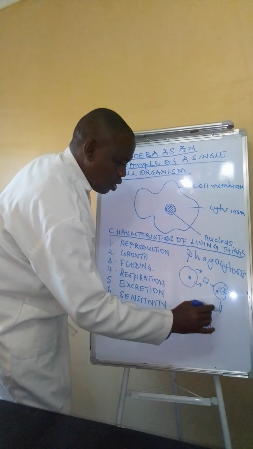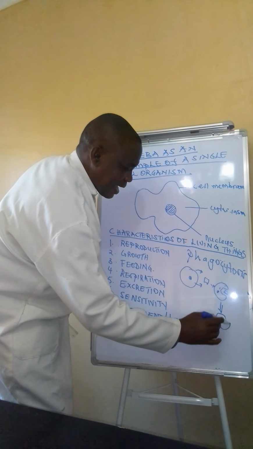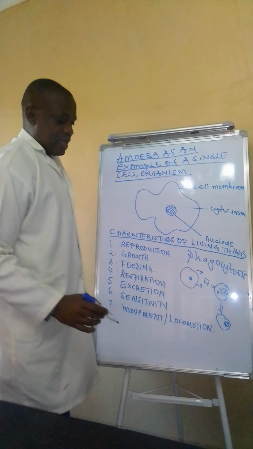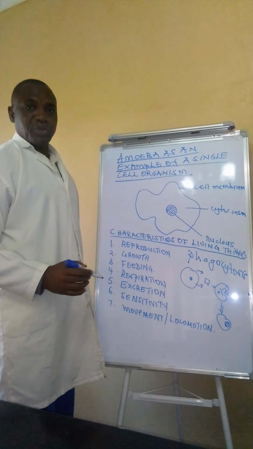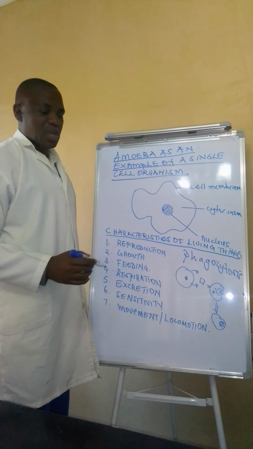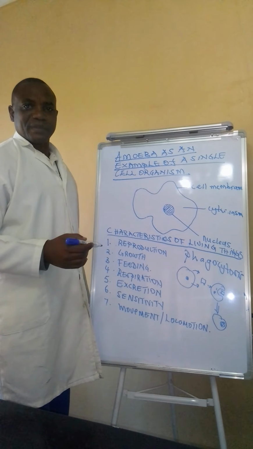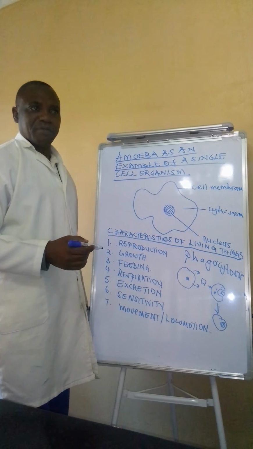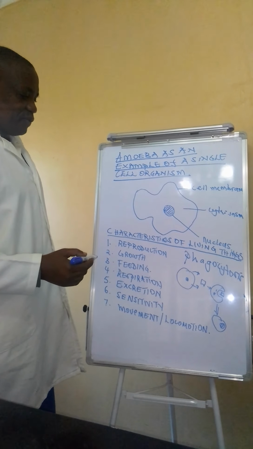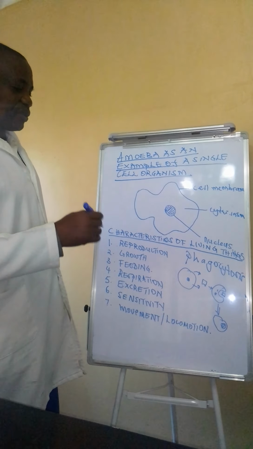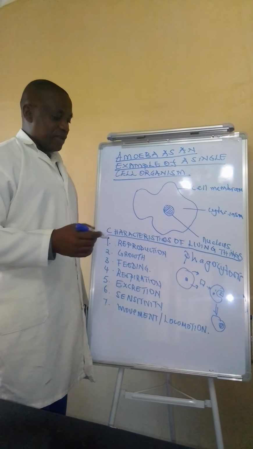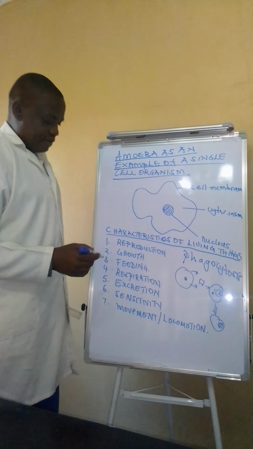Then it will go on until it engulfs that food using its pseudopod, and then it creates a food vacuole. In the food vacuole, there are digestive enzymes which break down the food into digestible form, and in that way, amoeba eats its food by way of diffusion, that is already soluble food, and by way of phagocytosis if it is a solid food.